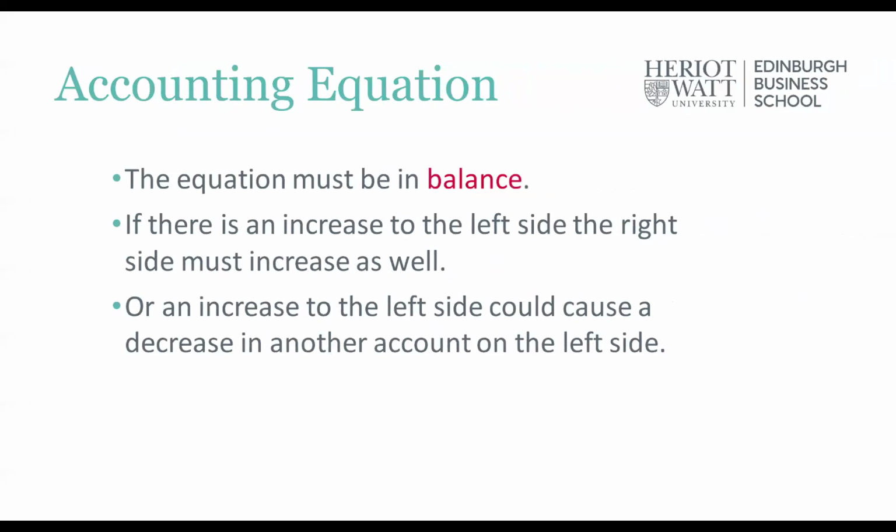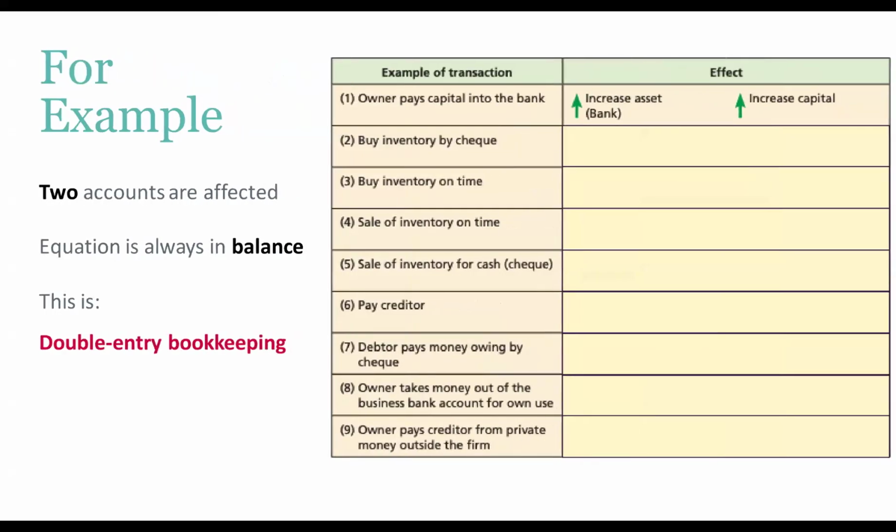Yes. So we are aware that this equation must always balance. So now, what is happening here? There are always two accounts that are affected, okay? Though the equation is always in balance because there are two accounts that are always affected.